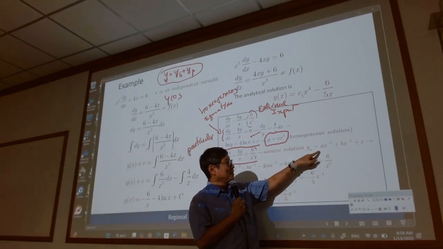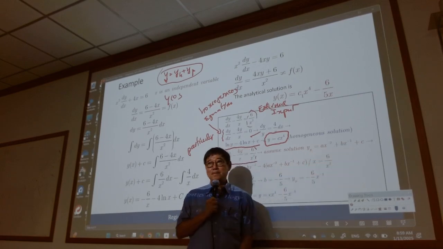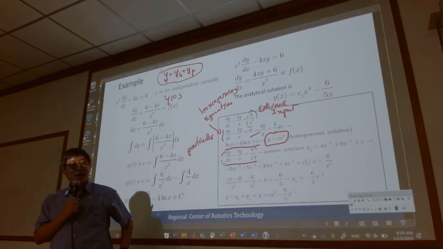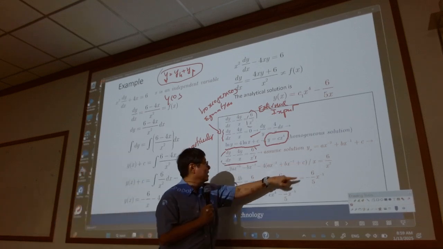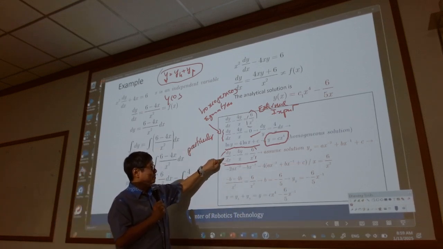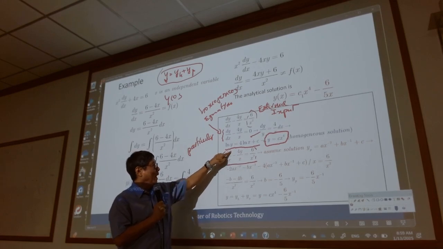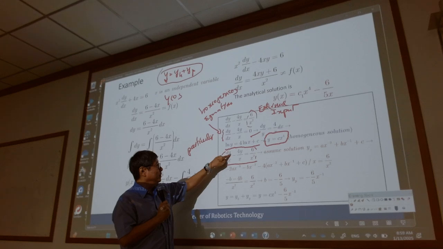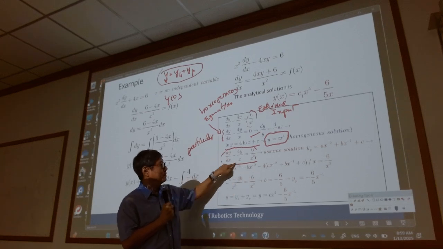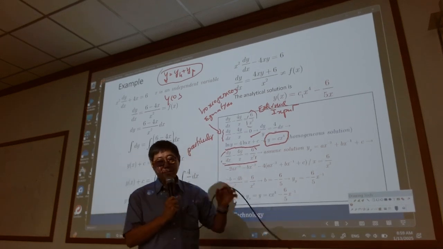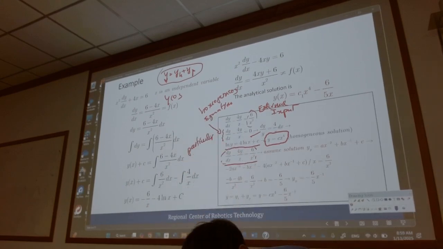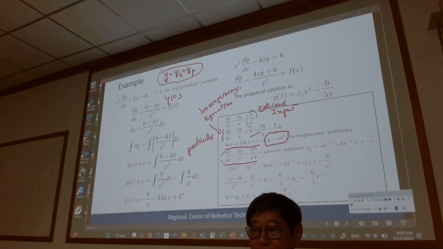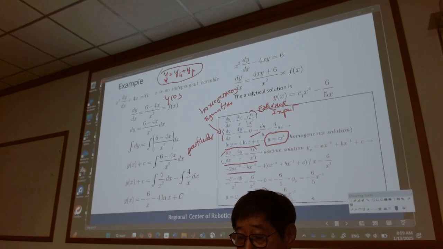Our responsibility is to find A, B, and C, right? So we substitute this into this. The first derivative of this one goes to this one, right? See? The derivative of this equals this.